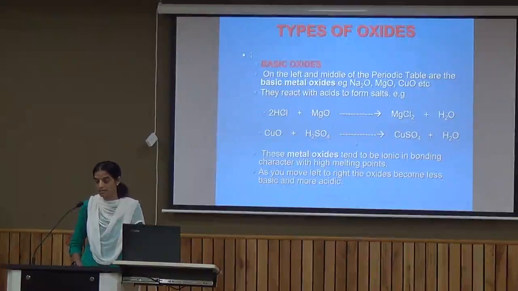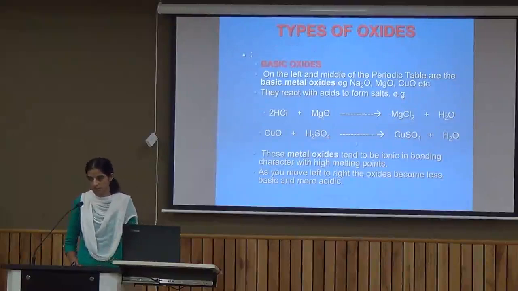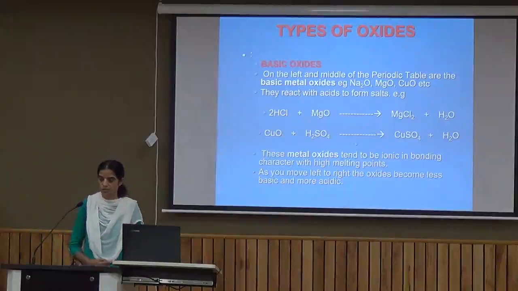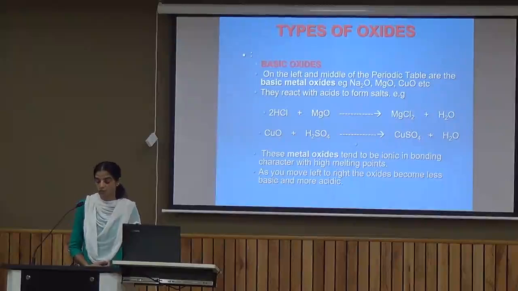Then oxides and their types, an important part of the chapter because questions generally come from this portion. Basic oxides: they relate to the position in the periodic table. We will not go into the details of the periodic table here. We will just try to understand these metallic oxides named here: sodium oxide, magnesium oxide and copper oxide.